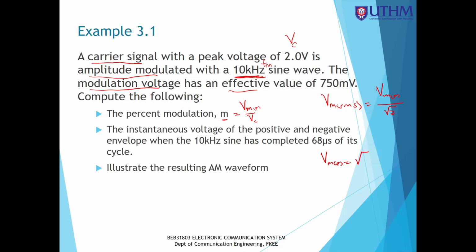Remember, for modulation index we use the peak amplitude. So this is equal to square root of 2 multiplied with 750 millivolt.